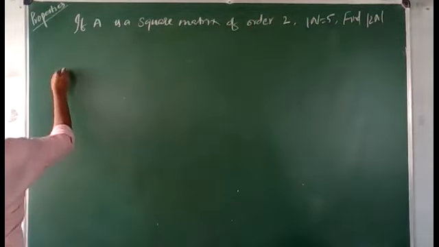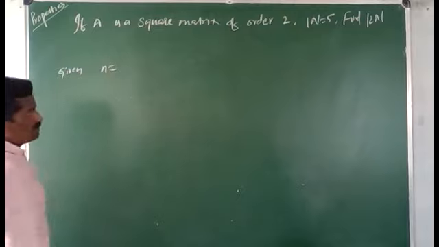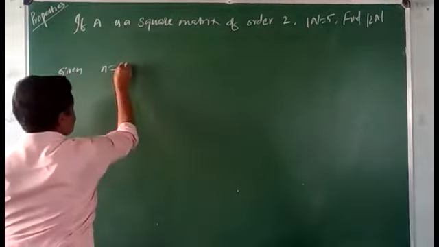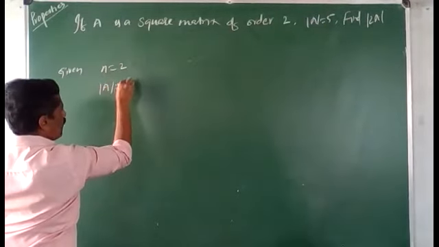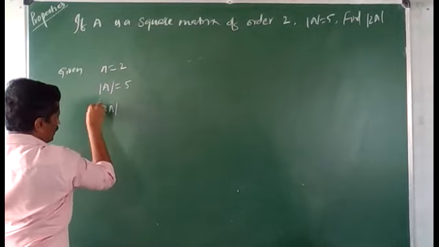Same here, N is equal to the order, which is 2. So N is equal to 2, determinant of A is equal to 5, and we have to find the determinant of 2A.